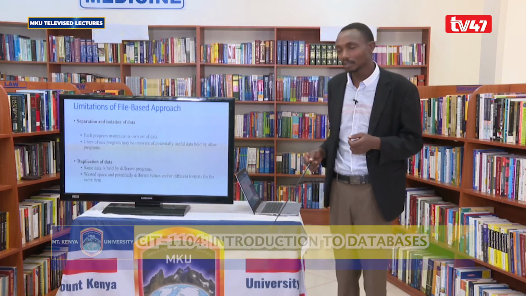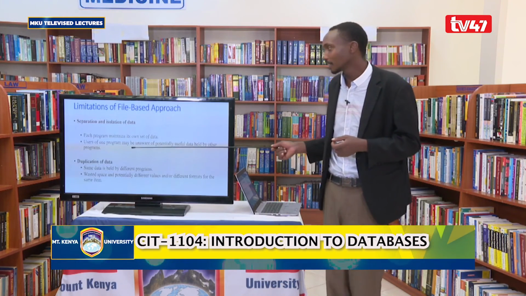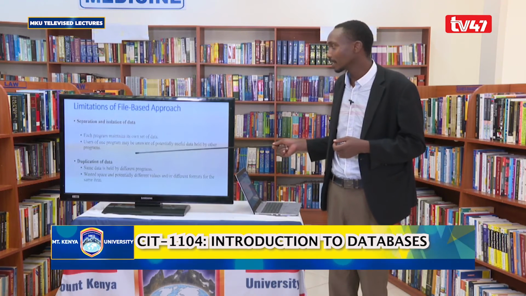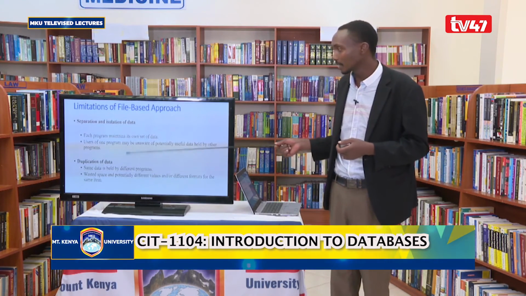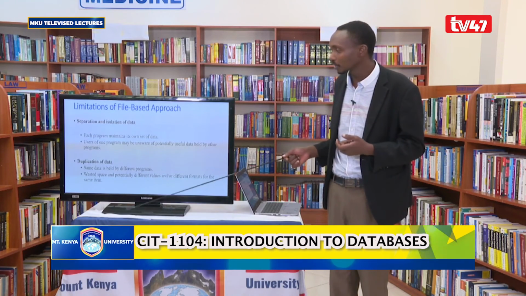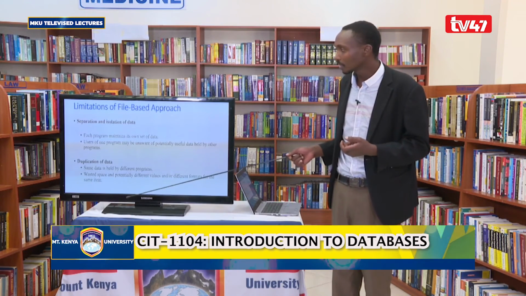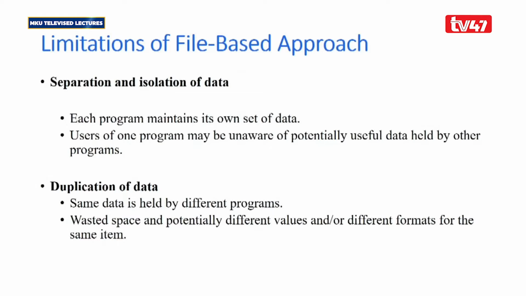That is very critical. It doesn't make sense to have important data in another file that can help a particular department, for example, to make decisions. So there is always separation and isolation of data, where it's like we have a boundary. We cannot access the data that is in another file, simply because there is no relationship between file A and file B.